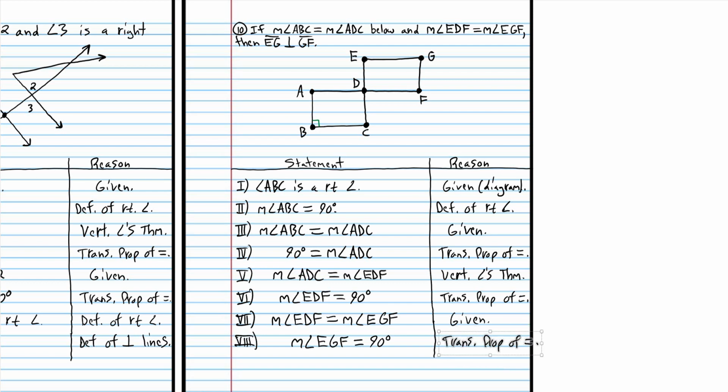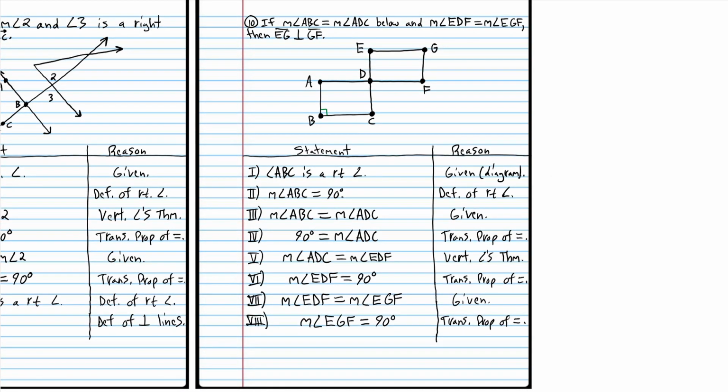And now, because we know that EGF is equal to 90 degrees, that's this angle up here is equal to 90 degrees. That means that, well, first of all, it's a right angle. So angle EGF is a right angle.